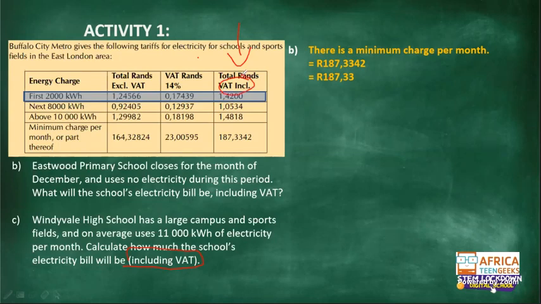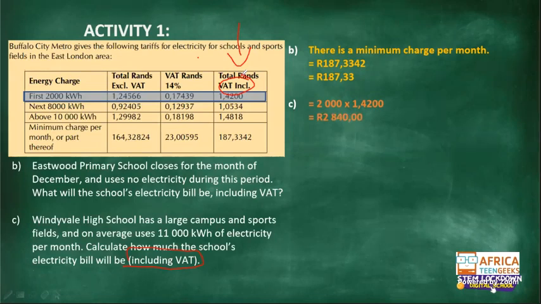Okay, so the first 2,000 units, we multiply by 1.42 Rand per unit. Does everybody agree with that? 1.42 Rand per unit. That is including VAT.